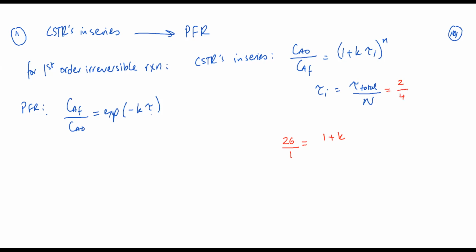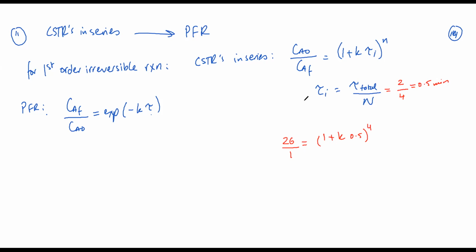You're being told that the overall space-time for the 4 reactors is 2 minutes. So this is equal to 0.5 minutes. So it's equal to 1 plus K times 0.5, to the power 4.